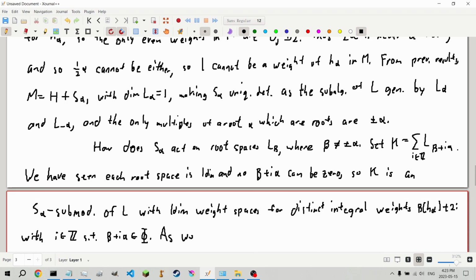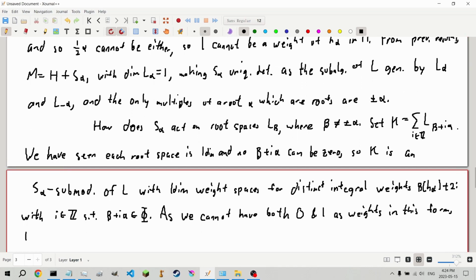As we cannot have both a 0 and 1 as weights in this form, K, as we've seen, is going to be irreducible.